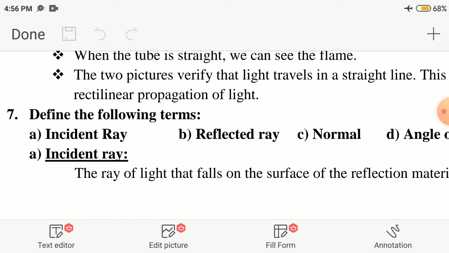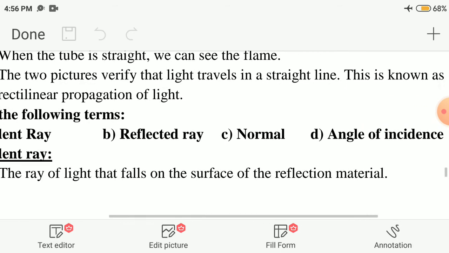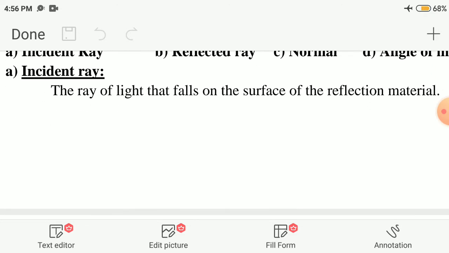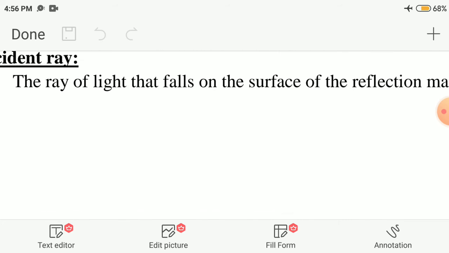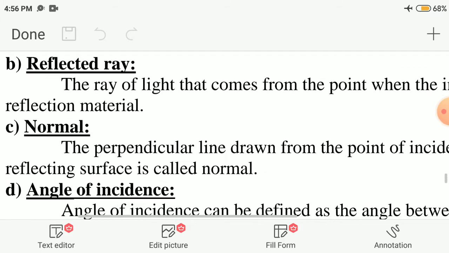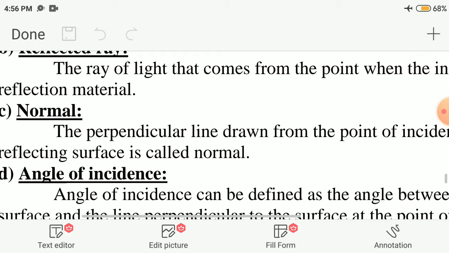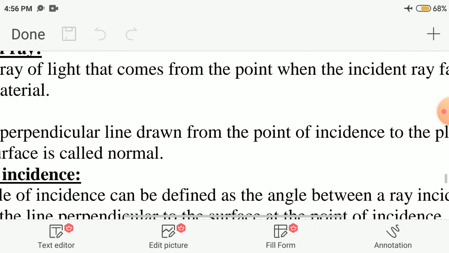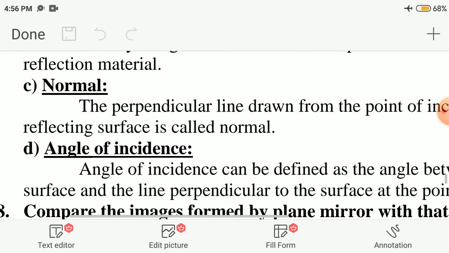Define the following: incident ray, reflected ray, normal, angle of incidence. First one, incident ray: the ray of light that falls on the reflecting surface. Second one, reflected ray: the ray of light that comes from the point when the incident ray falls on the reflecting surface.